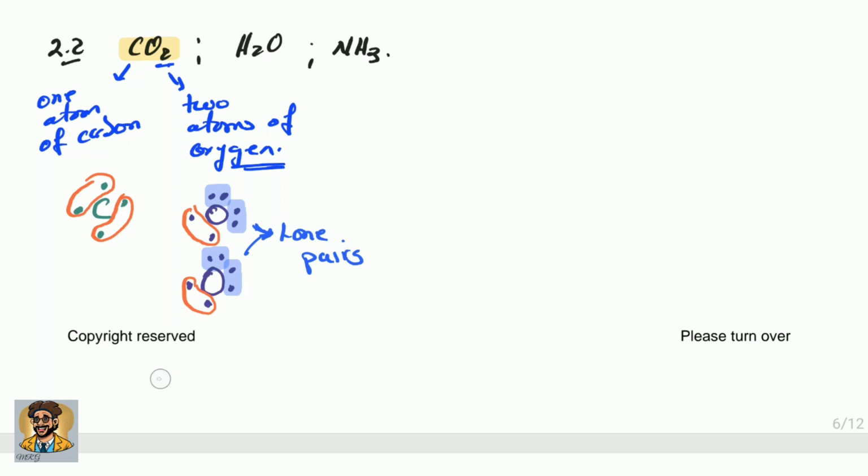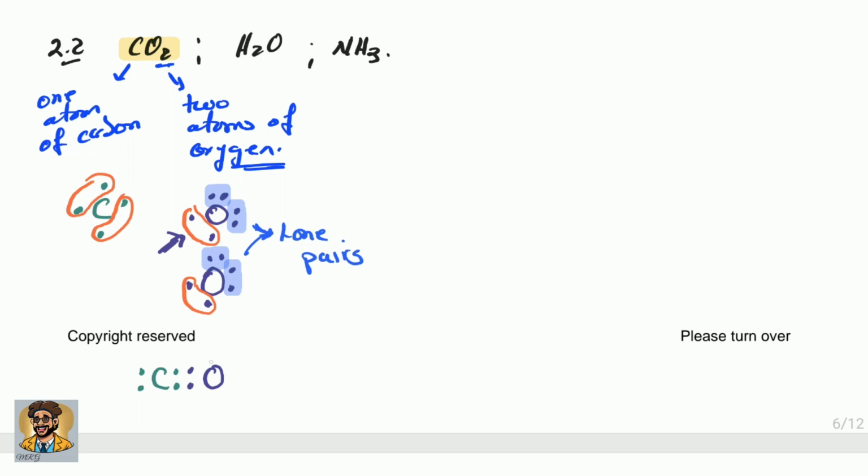Carbon in the center with the single electrons. They're going to move in this way because they're going to share with the oxygen, so they must form those pairs. Then on one side, we have the oxygen. Those 2 unpaired electrons are going to move together to share with the carbon.